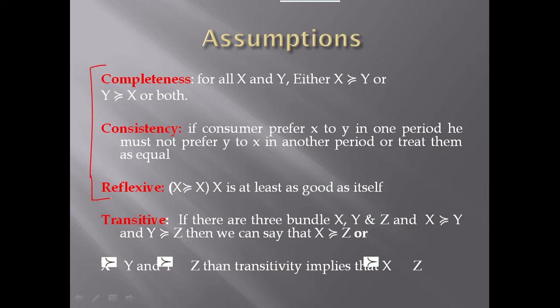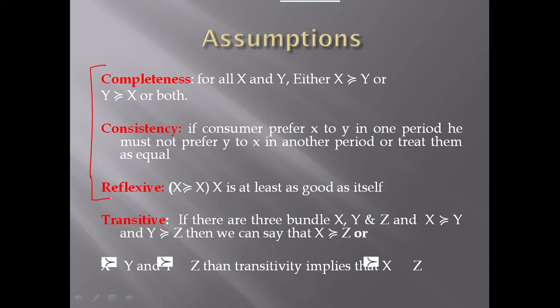Reflexivity means X is at least as good as itself. It means that each bundle has a certain level of satisfaction and there is no hole in the preferences map. Each bundle shows some level of satisfaction.